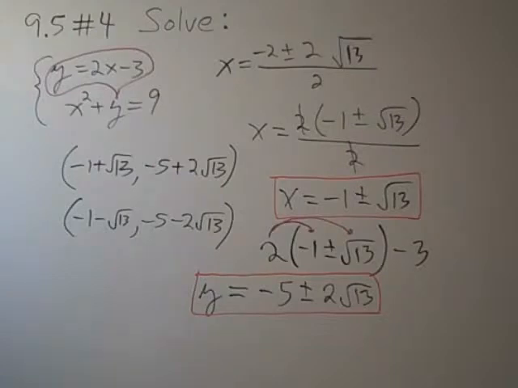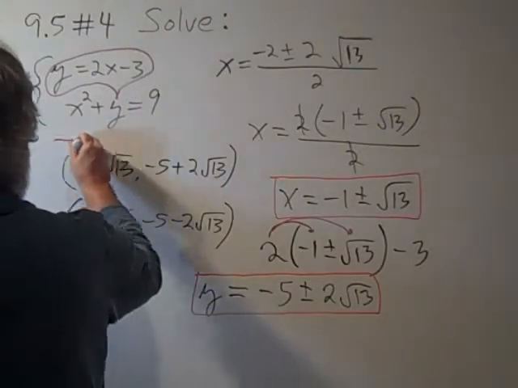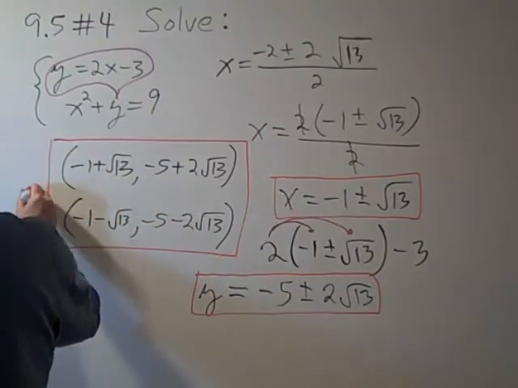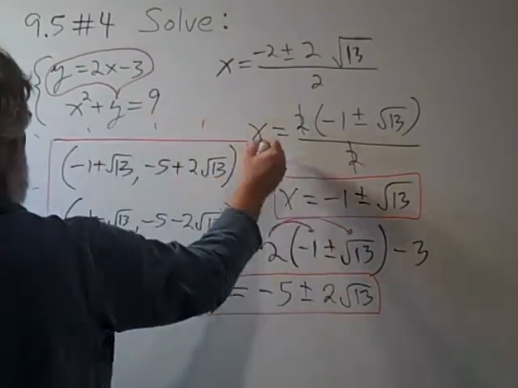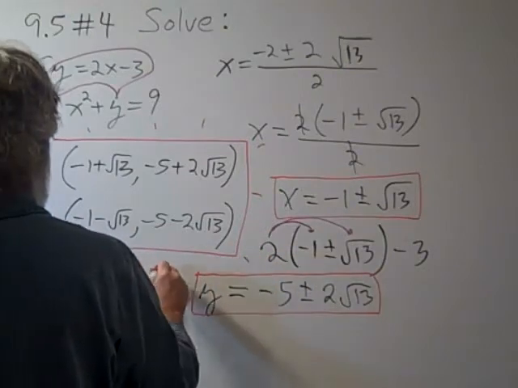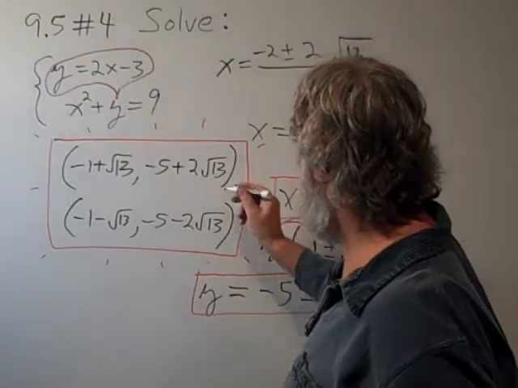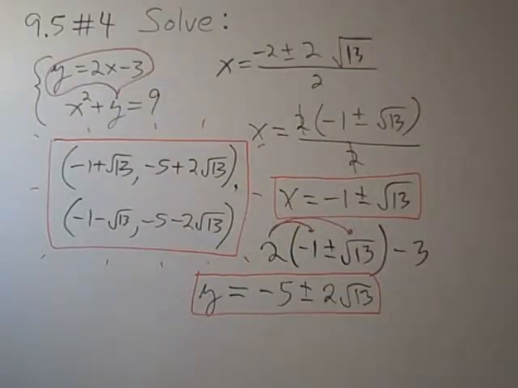So these are the two solution points, the 2 points of intersection of this linear system. The 2 points where this line intersects this parabola.